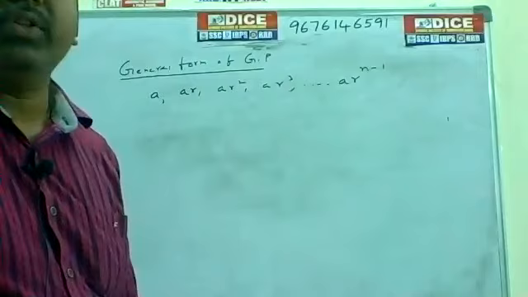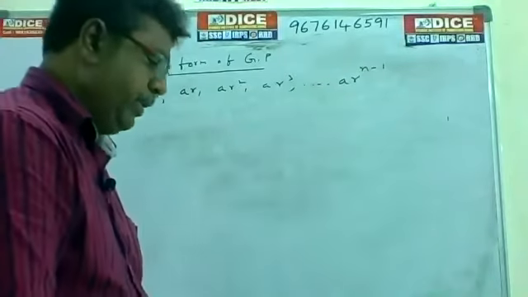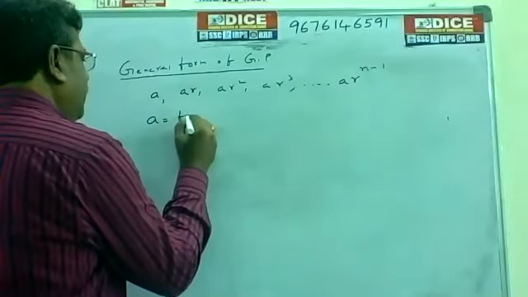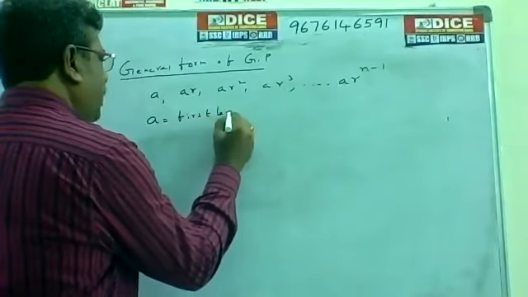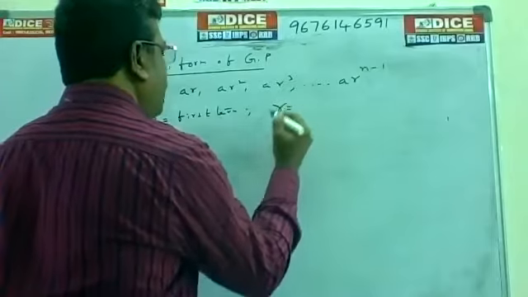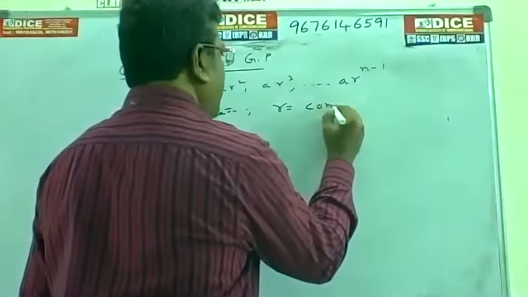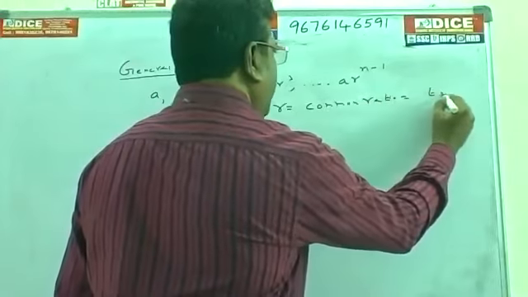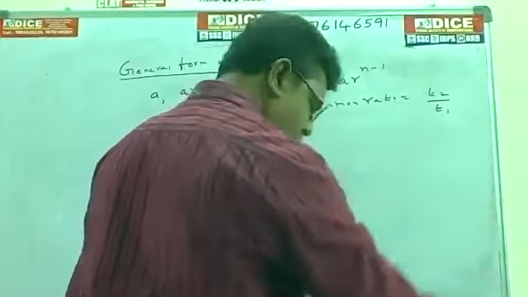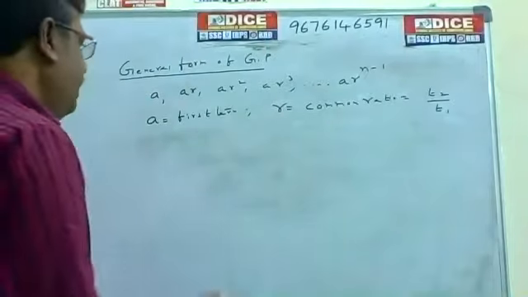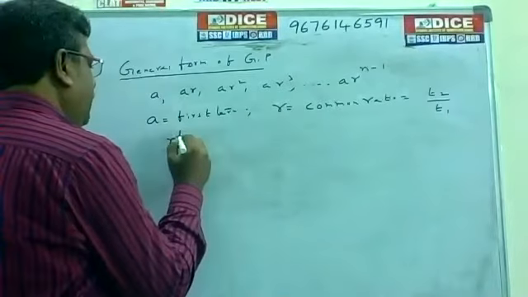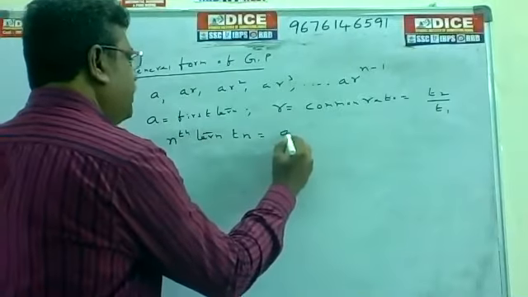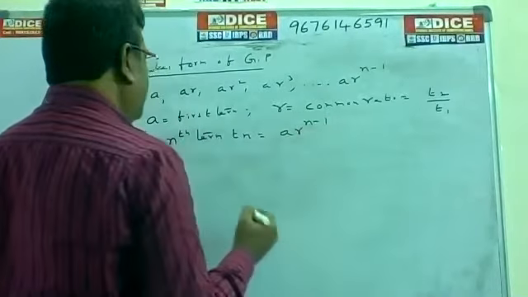This is the general form of GP. Here A is equal to first term, R is equal to common ratio, the formula is T2 by T1. The nth term Tn is equal to A into R to the power of n minus 1.